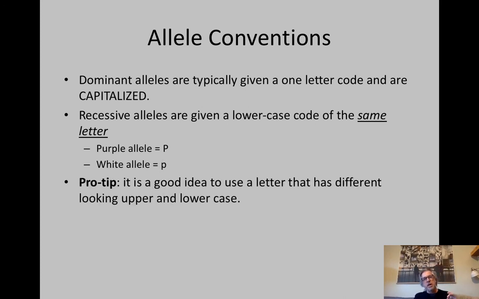Here is a pro tip. It's a good idea to use a letter that has a different looking upper and lower case when you write it out. So P is often not a good example because in handwriting it's difficult to see the difference between an uppercase and a lowercase p unless you use script. On the other hand, R, B, and A are all good letters for representing alleles.